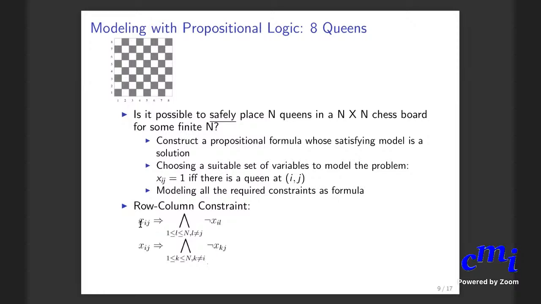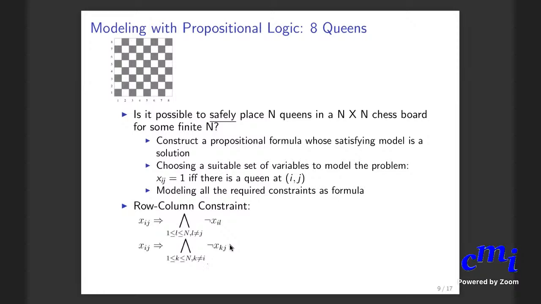That's what this constraint asserts. Similarly, there should not be any queens in any of the other locations in the row, and that's what this expresses.